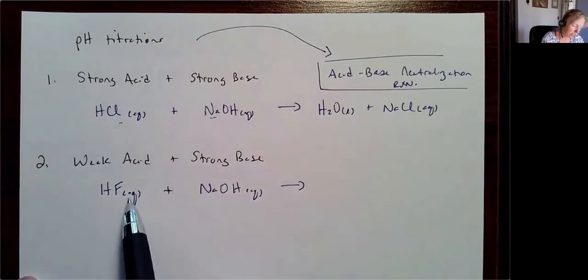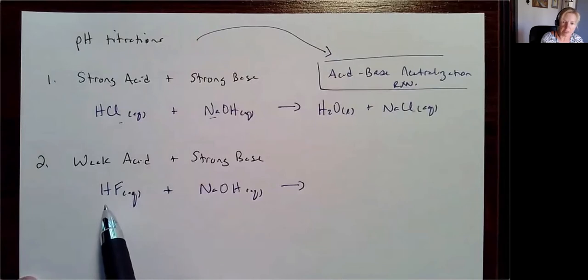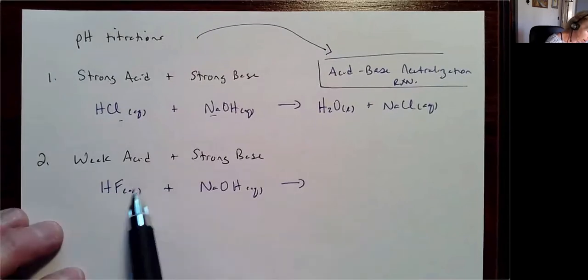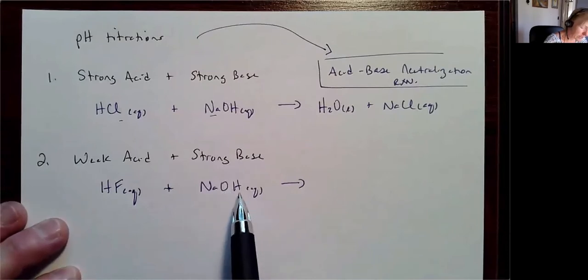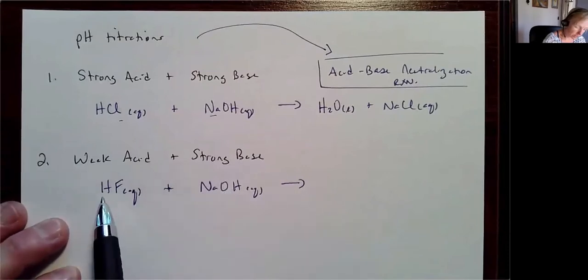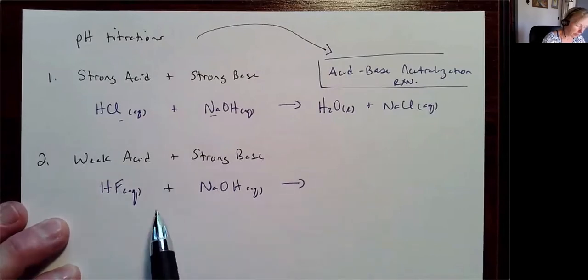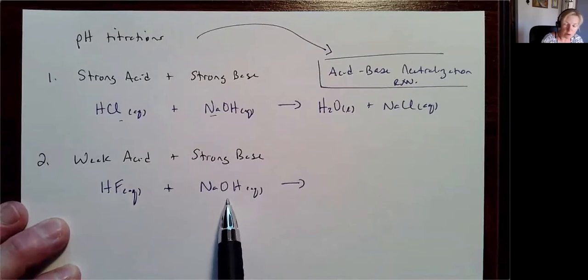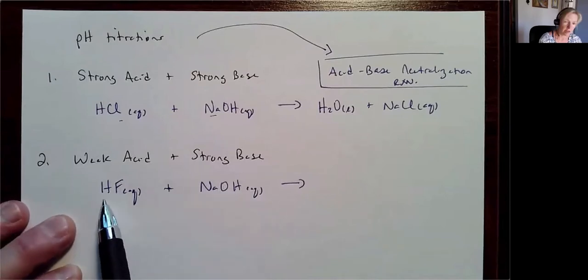HF, if I just had HF in water, that's an equilibrium scenario where I have partial dissociation. But now when I add in my strong base, hydroxide is going to react with the hydrogen ion here, and it's going to force this to dissociate more. So for every 1 mole of hydroxide that I add in, it's going to react with a mole of hydronium ion, which is going to force 1 mole of my HF to dissociate.